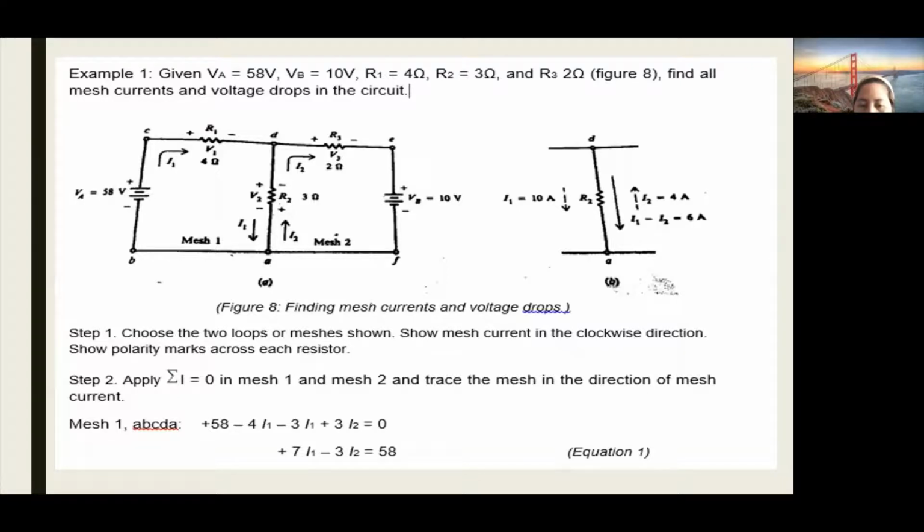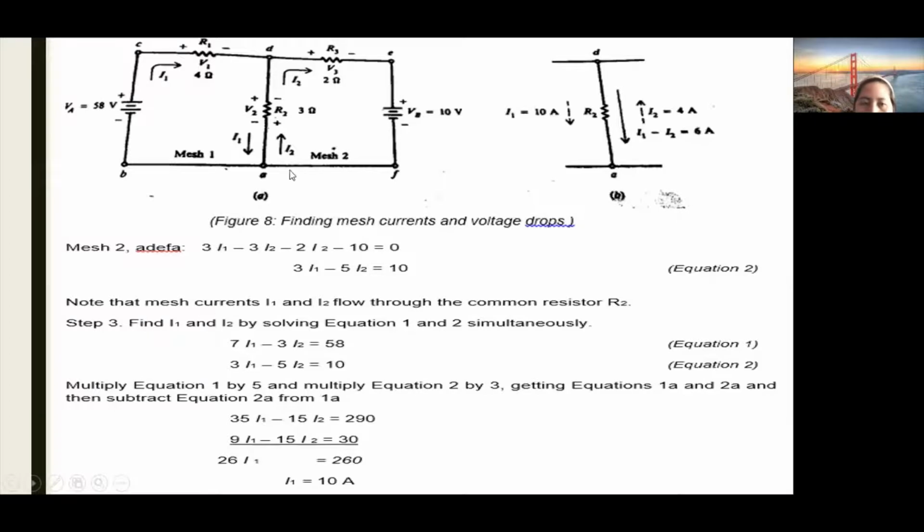So next is mesh 2, A, D, E, F, A. So here, R3, it's not R3, it's R1.